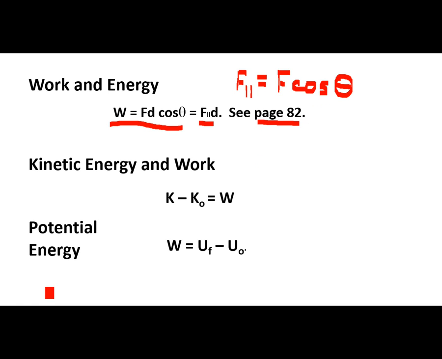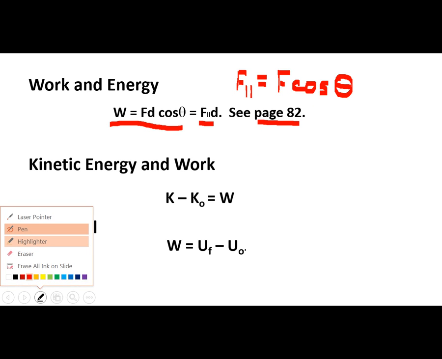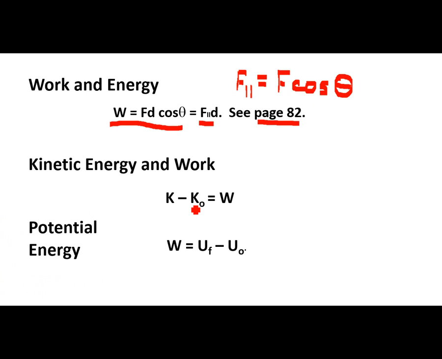Okay? Now let's change that to a different pen so it's a little bit thinner. Now, this is just simply a mechanical definition. It says this is how we calculate work.